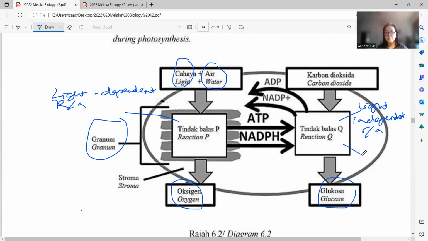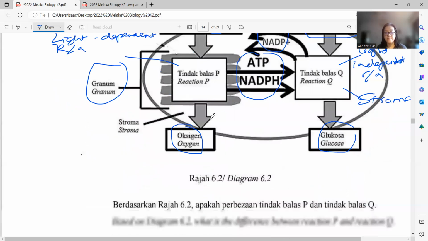This one occurs in stroma. Other than that, you can see that ATP and NADPH are produced, whereas here they are used in the light-independent reaction. ATP and NADPH are used. And CO2 is also used in the light-independent reaction. So yeah, basically you can see all the answers in this diagram.